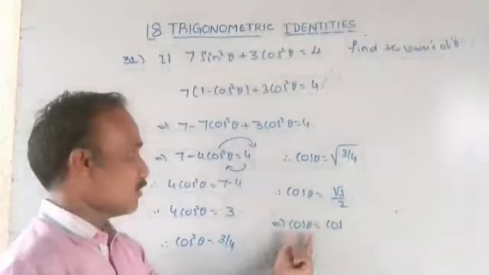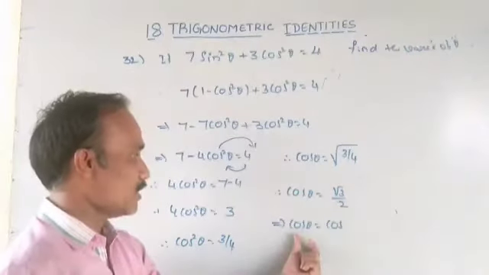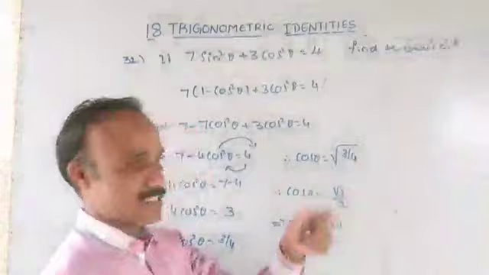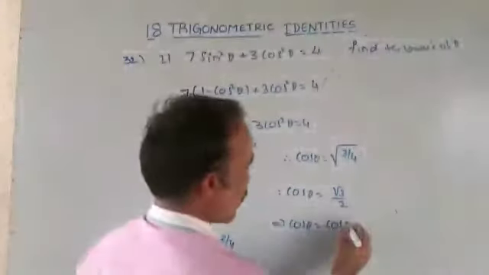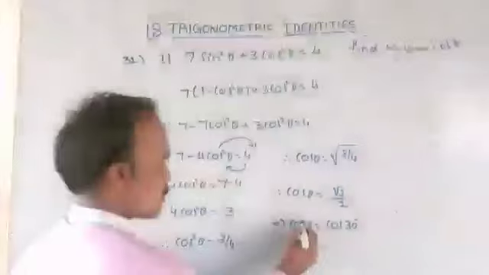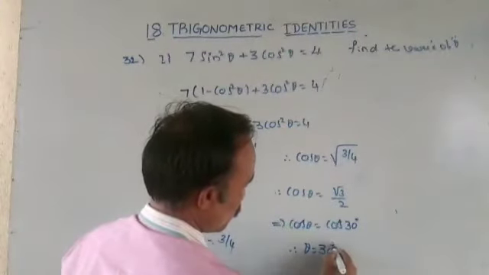That is very important. Here cos 60 is 1 by 2, so cos 30 is equal to root 3 by 2. So cos gets cancelled, and therefore the value of theta is equal to 30 degree.